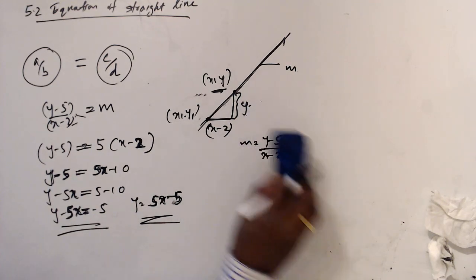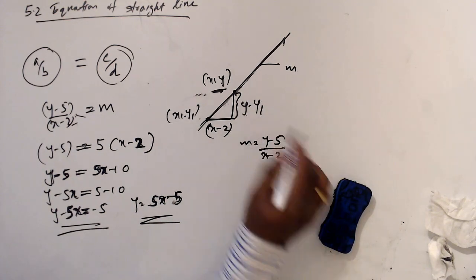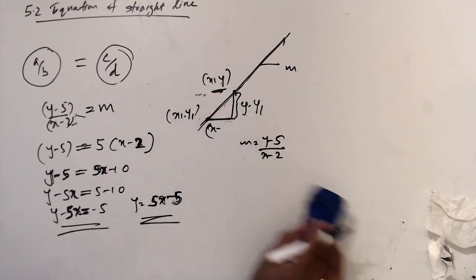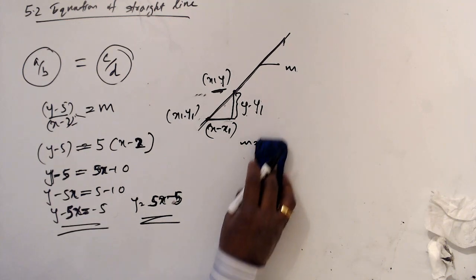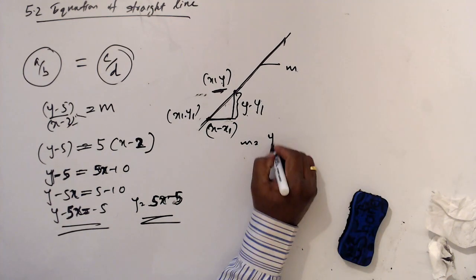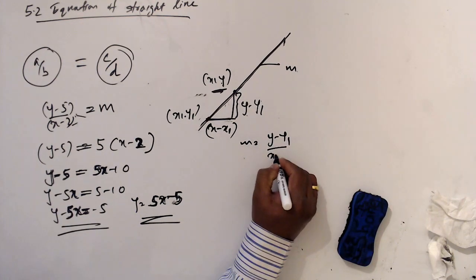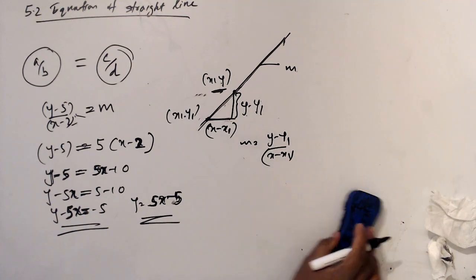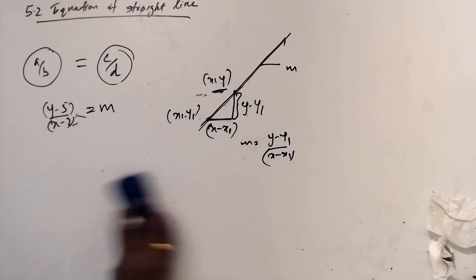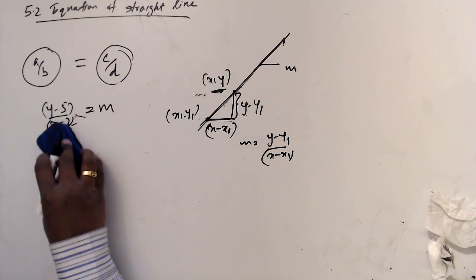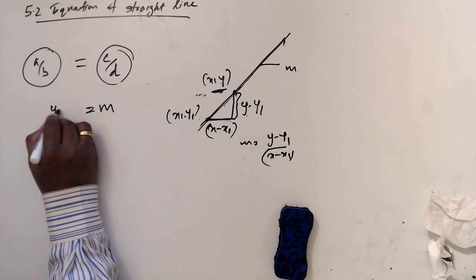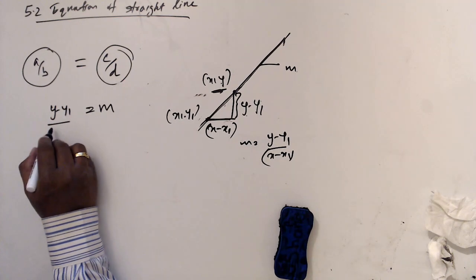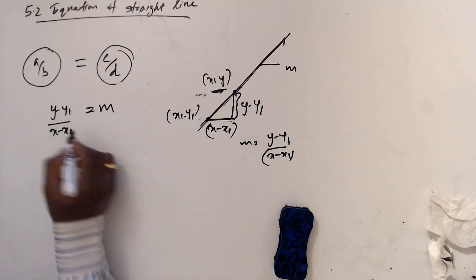Then this height becomes y minus y1. This length is going to be x minus x1. Now m is y minus y1 divided by x minus x1. Now I am going to replace this side by y minus y1 and x minus x1.